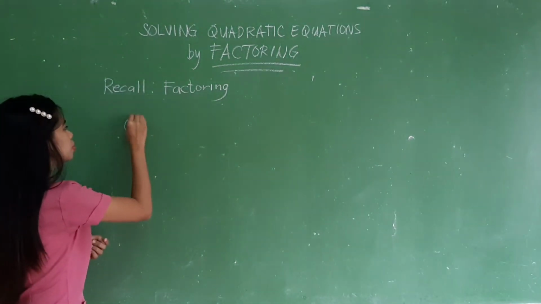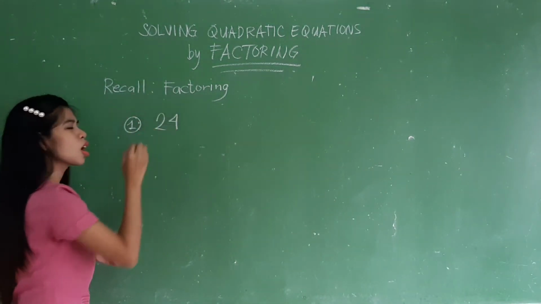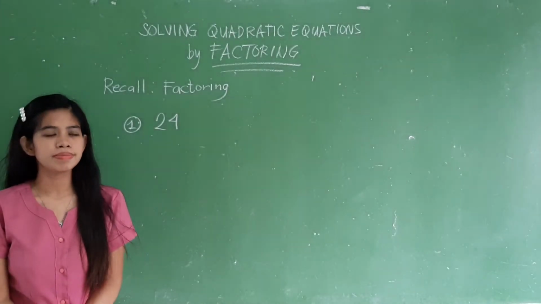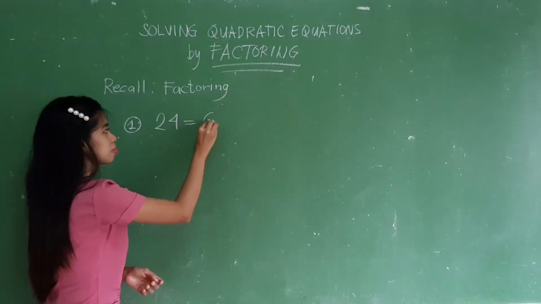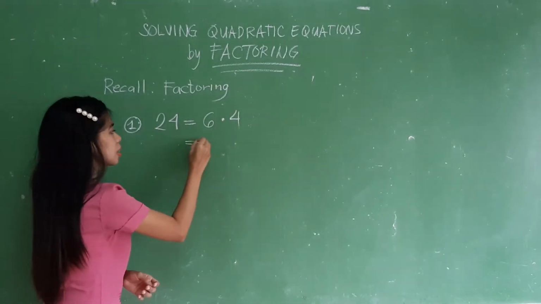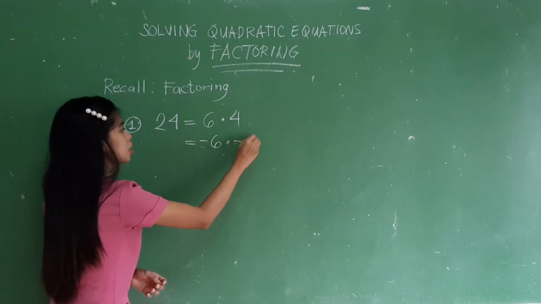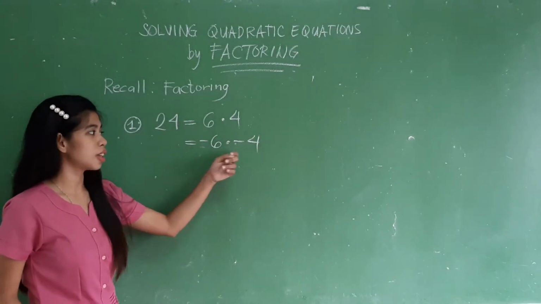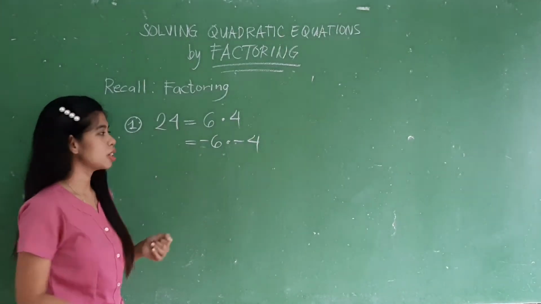For example, what are the factors of 24? So it could be 6 times 4 or negative 6 times negative 4 because negative times negative is positive.